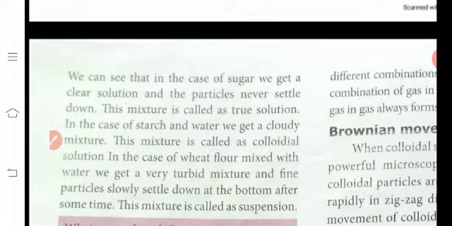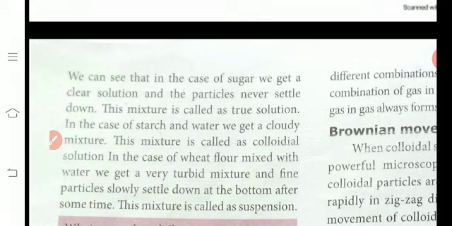This mixture is called a suspension. First, types of solution. First one, true solution, water plus salt. They do not have any precipitate. They are clear solutions, that is called a true solution.